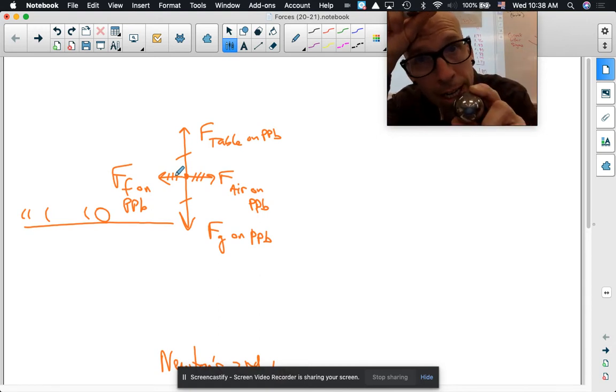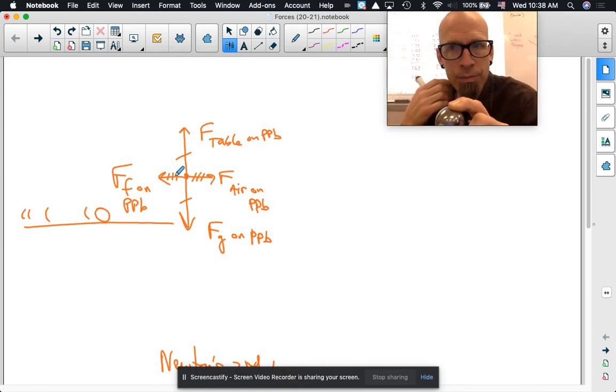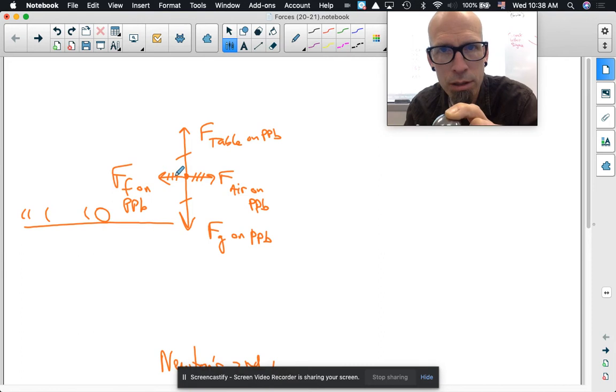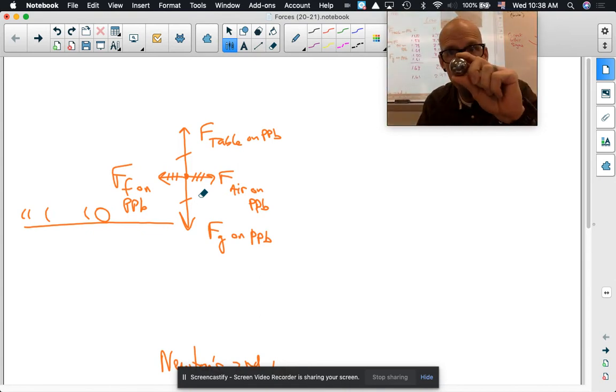So its motion changed. How does that change this diagram? If I turned the fan on high now, and it started to roll, that would make the force of air bigger. Yes? Which means, because the friction force isn't going to change. I mean, the friction force on the ball bearing, it's big.